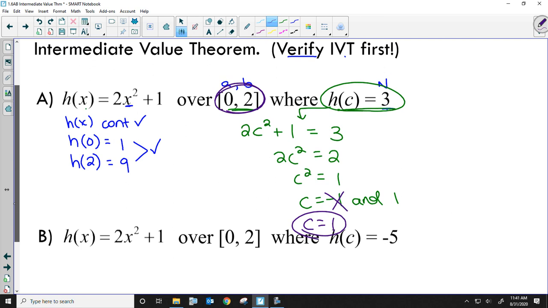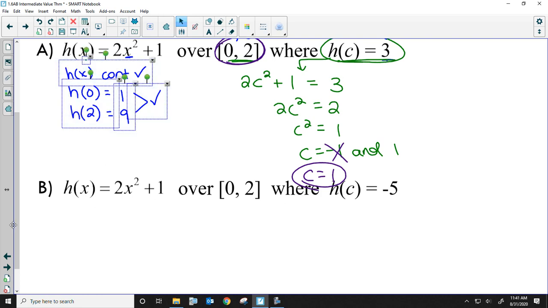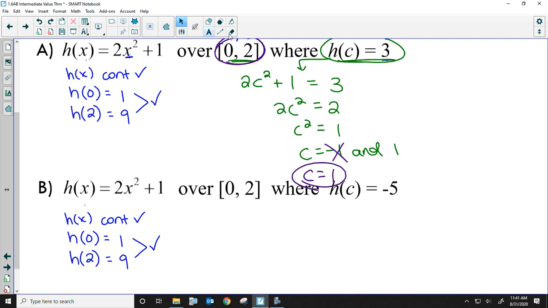All right. Now, this next example, it's the same function. Notice that h of x is the same exact thing. It's the same interval, but now I am looking for a c value where the output is -5. Well, I need to verify that IVT is going to help me.